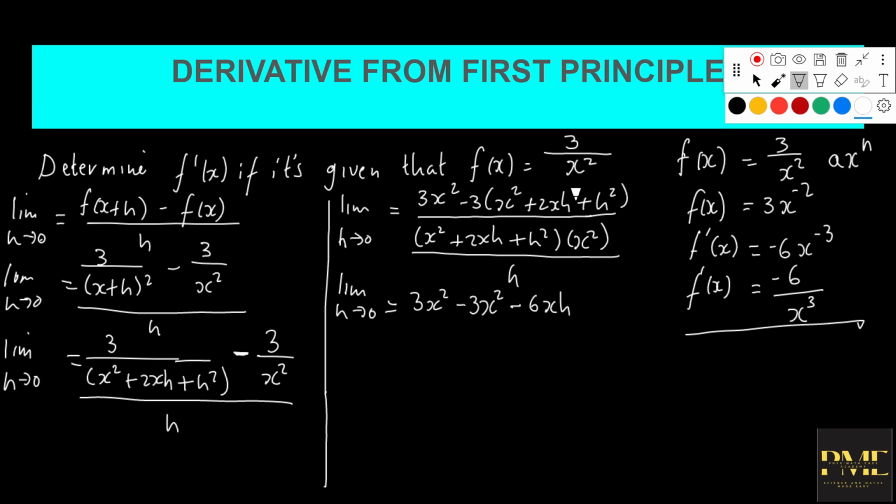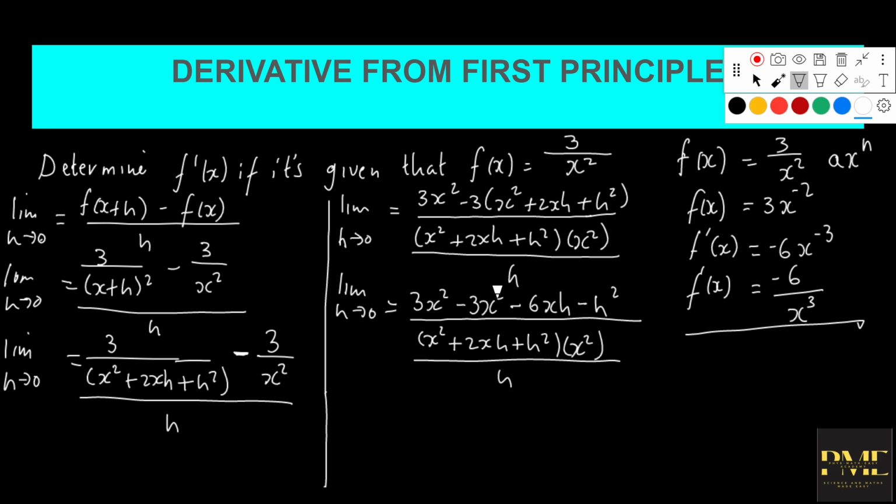Then we have negative times positive over there or negative, and then 3 times h squared, we get 3h squared. All over, this is all over x squared plus 2xh plus h squared into x squared all over h, guys.